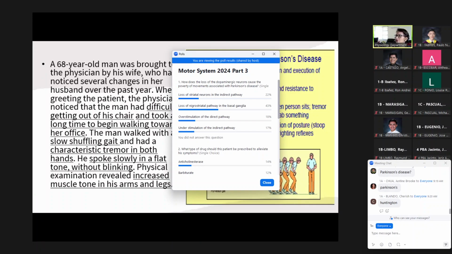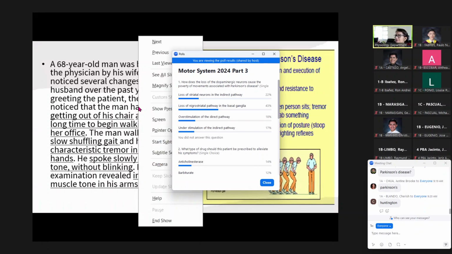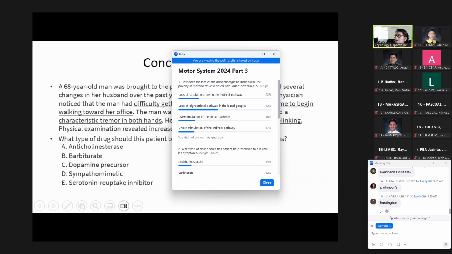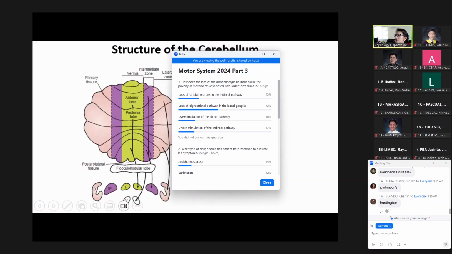Okay, so there is postural instability and gait disturbance. Okay, so the answers I have already told you. Okay, so ano pang natitira sa atin?